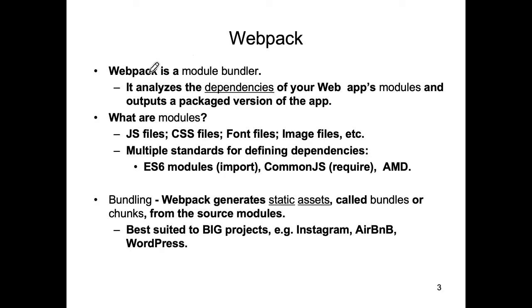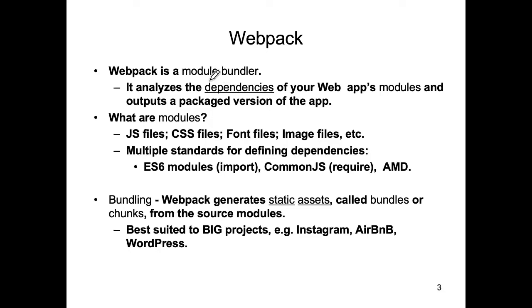So essentially what it does is it analyzes the dependencies of your web app, the dependencies between the various modules. And by the way, I'm also including the node modules, the third-party ones, because we import lots of third-party modules into our custom code, the Material UI stuff, as well as React and React Router and React DOM.